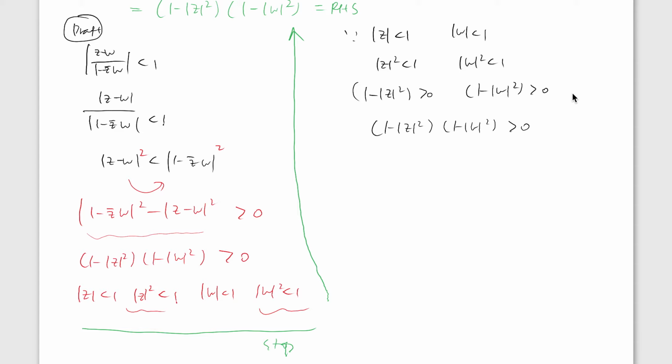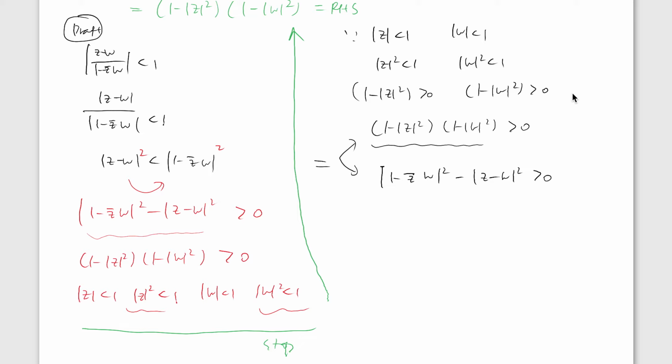Okay, so everything so far is correct. And then we're just going to replace this by the absolute value of 1 minus z conjugate w squared minus |z - w|². These two are equivalent, we just proved that in the previous part. So that's just also going to be positive.